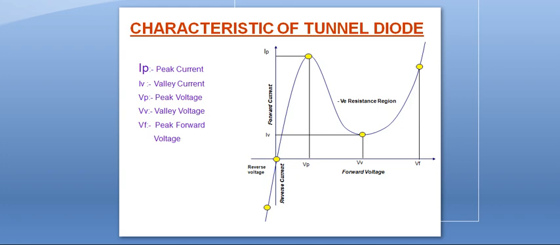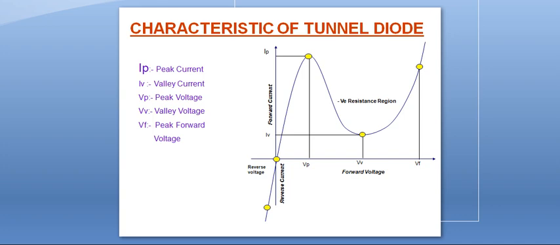First, IP is the peak current, IV is the valley current, VP is the peak voltage, VV is the valley voltage, and VF is the peak forward voltage. There are two conditions we are going to discuss in the characteristics of the tunnel diode.